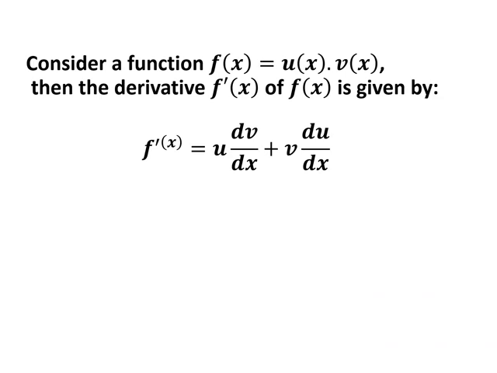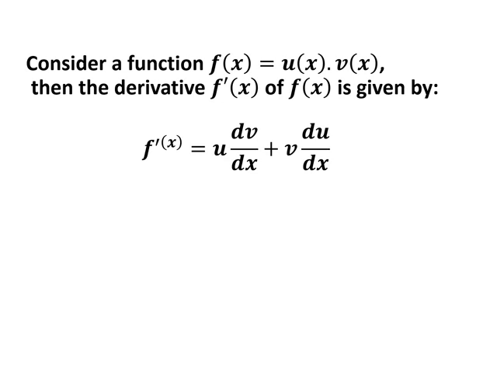Now consider a function f of x which is made up of the product of two other functions u and v, which are also in terms of x. That is, you can distinctly see two separate functions u and v in terms of x multiplying each other.